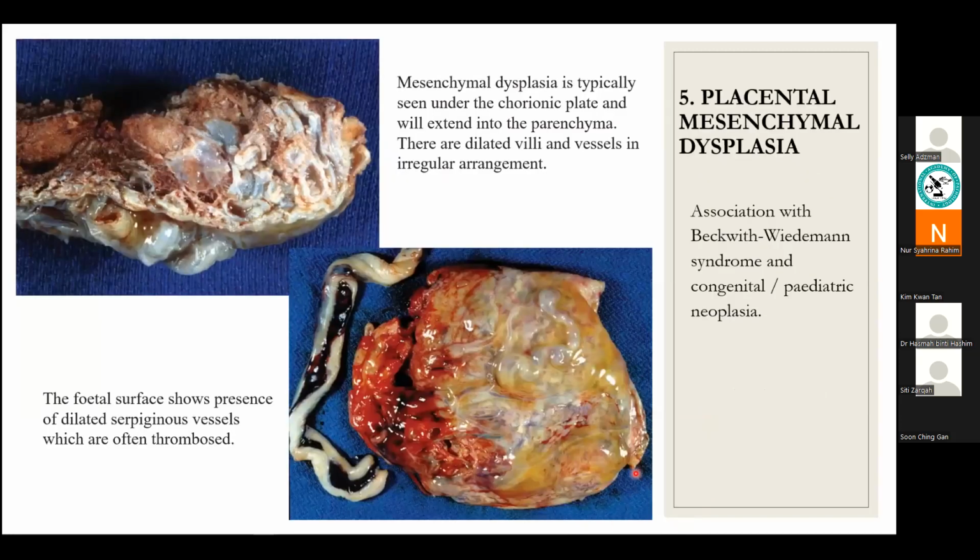Okay, the other lesion that grossly can be seen is placental mesenchymal dysplasia. Sometimes you can see it grossly, under the chorionic plate on the fetal surface, some cystic and dilated grape-like structures within the placental parenchyma.